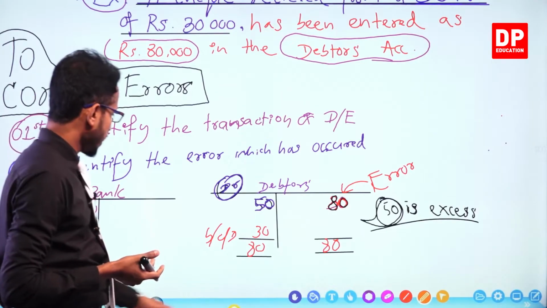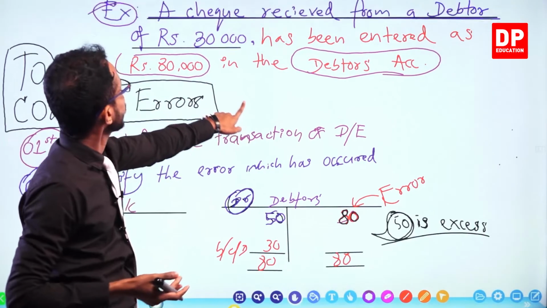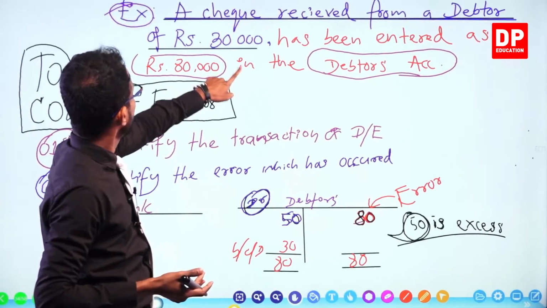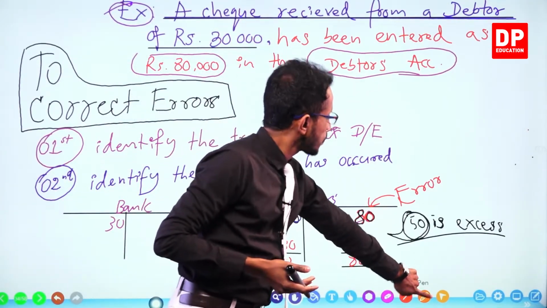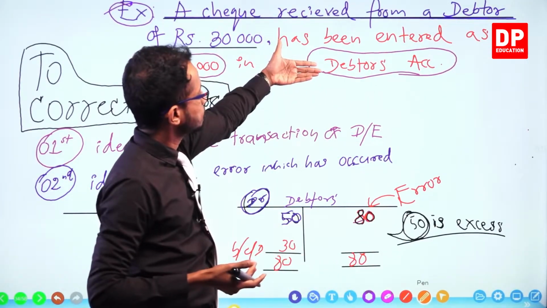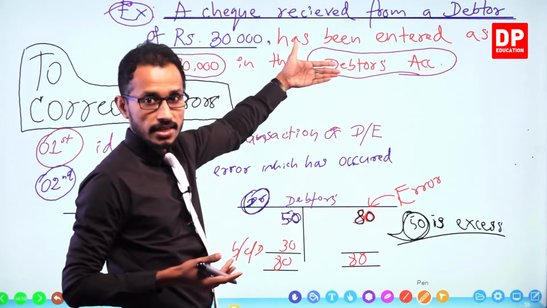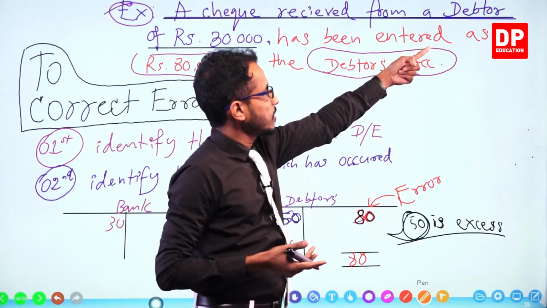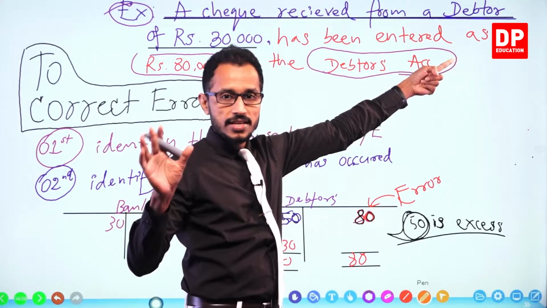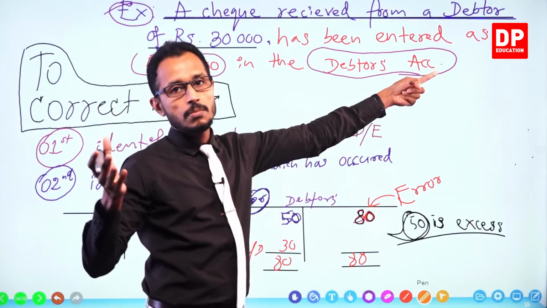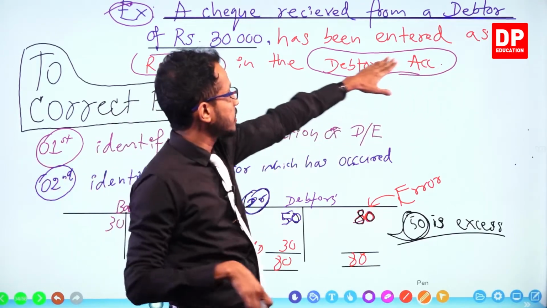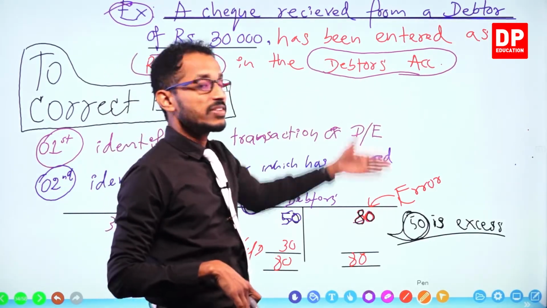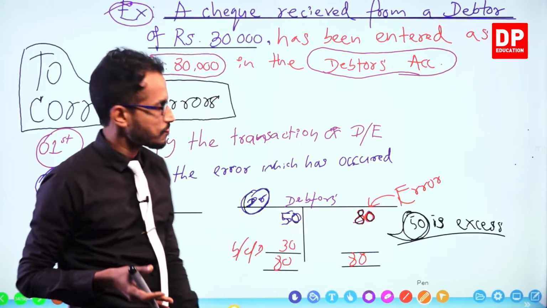An error like this: one entry of the double entry is correctly recorded, but the other entry is recorded with the wrong value.